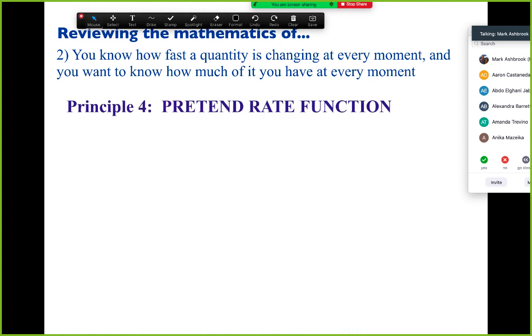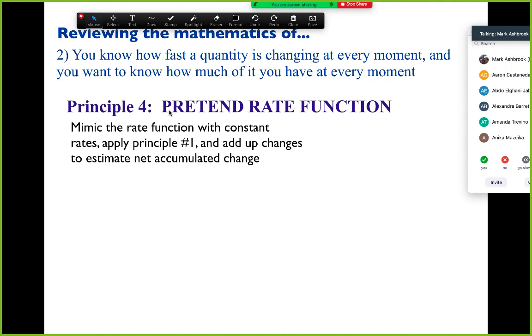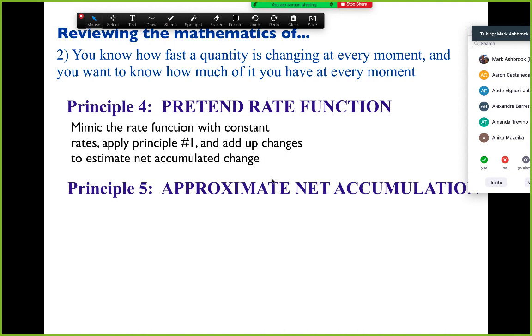Okay, principle 4, pretend rate function. So we're going to mimic the rate function, but with constant rates. I don't have my pretty picture there. I'll draw it. So I've got these intervals here. And so we made a pretend rate function. I sketched it with the left method here. And so that pretend rate function is our function number 2.